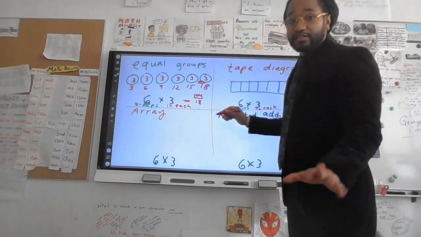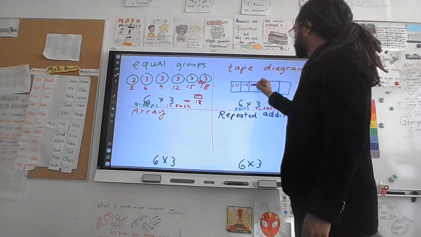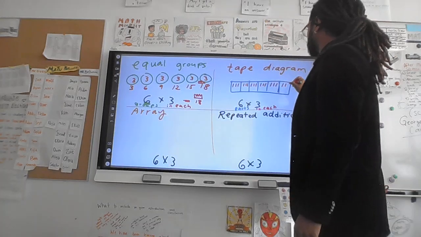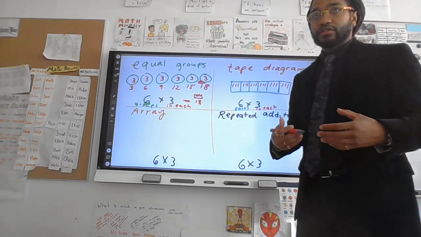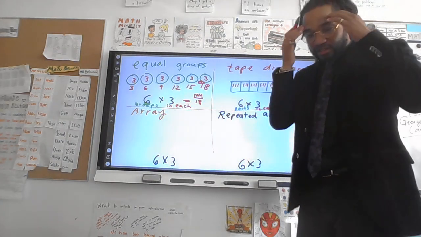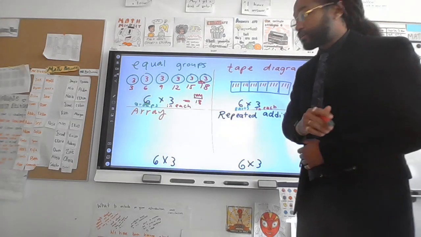I'll just do the lines this time. 1, 2, 3, 1, 2, 3, and so on, six times. You can even encourage your child at home to say those numbers out loud because a lot of things go on in the head and small errors do occur.